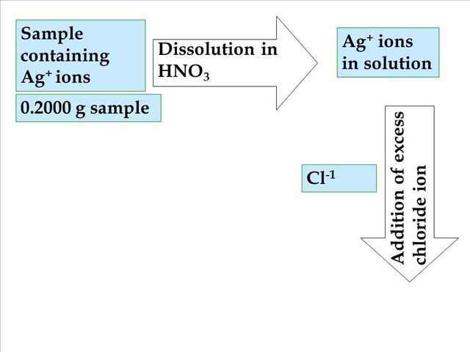You will use the chloride ion, and you will use excess of it to make sure that you precipitate all of the silver ions into the known compound silver chloride, a very insoluble chloride.